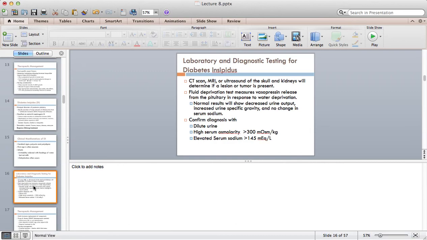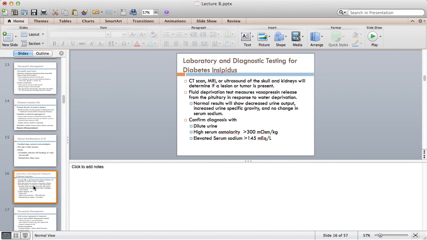There is a decrease in specific gravity of the urine, and there is an increase in sodium level in the blood.